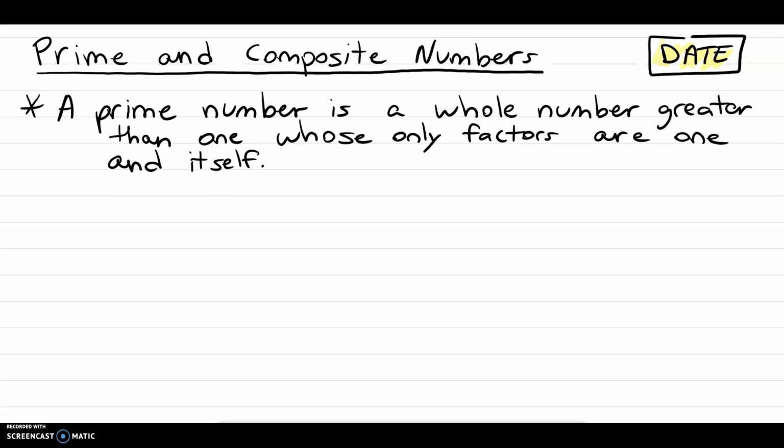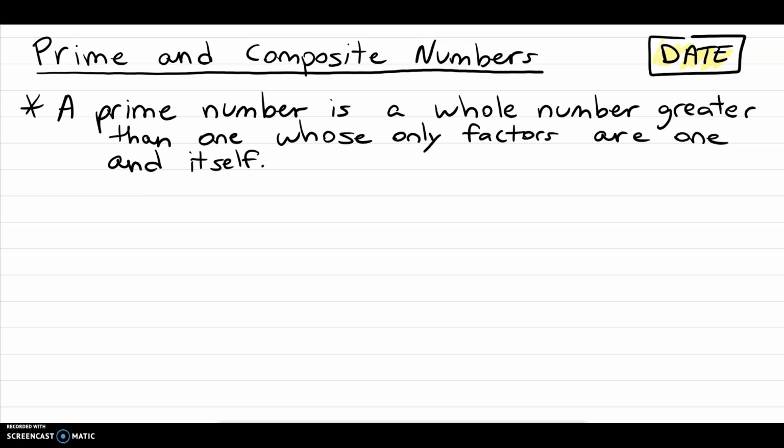So a prime number is a whole number, so that means not a decimal, not a fraction, greater than 1 whose only factors are 1 and itself.